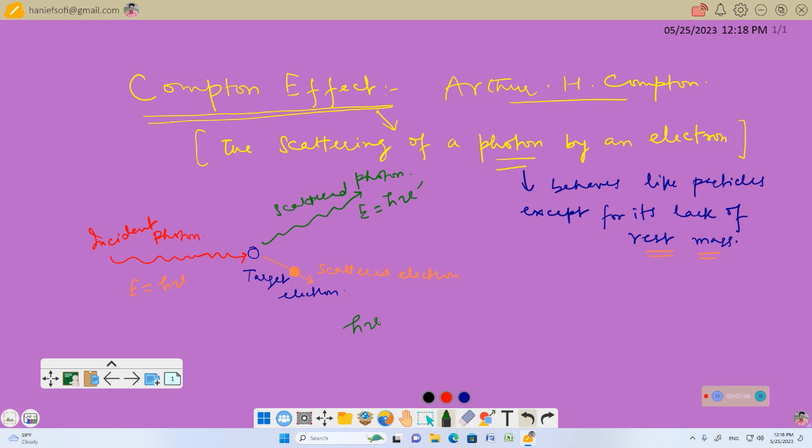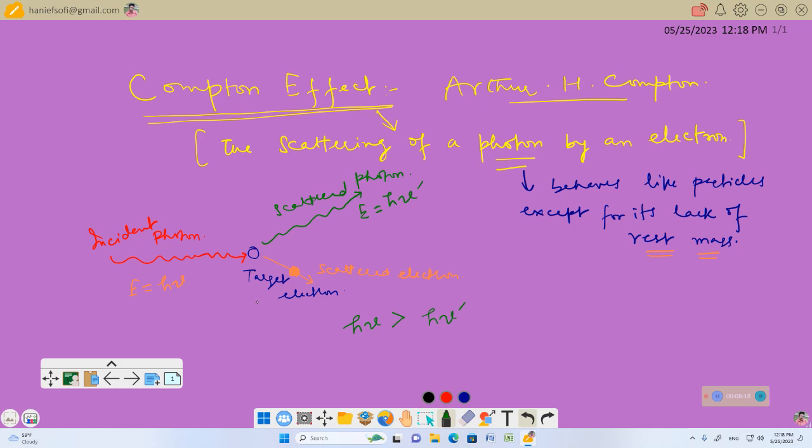So h nu is greater than h nu prime because incident photon has lost some of its energy. Scattered photon has smaller energy. It has lost some of the energy to the electron. But the total energy remains conserved in this phenomenon. Total momentum remains conserved in this phenomenon.